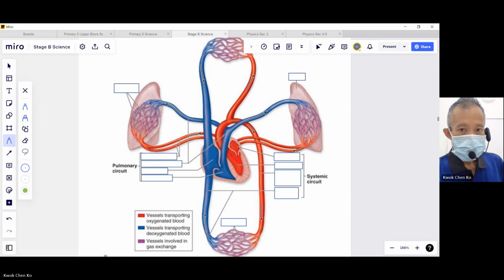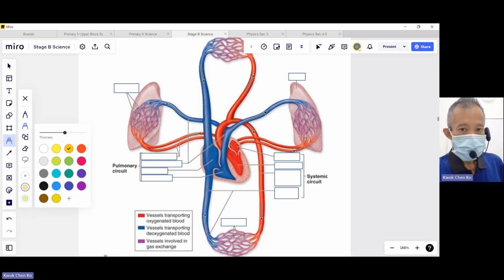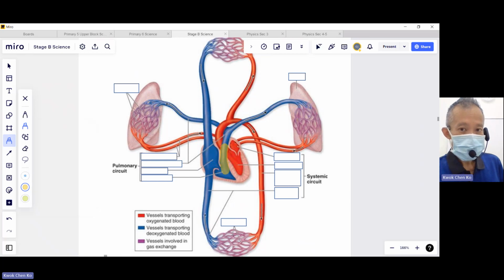Okay. Question 7. One important thing, the real heart is not so straightforward. Even though this is the ventricle, it doesn't mean it exits downwards. From this ventricle, it actually exits upwards.